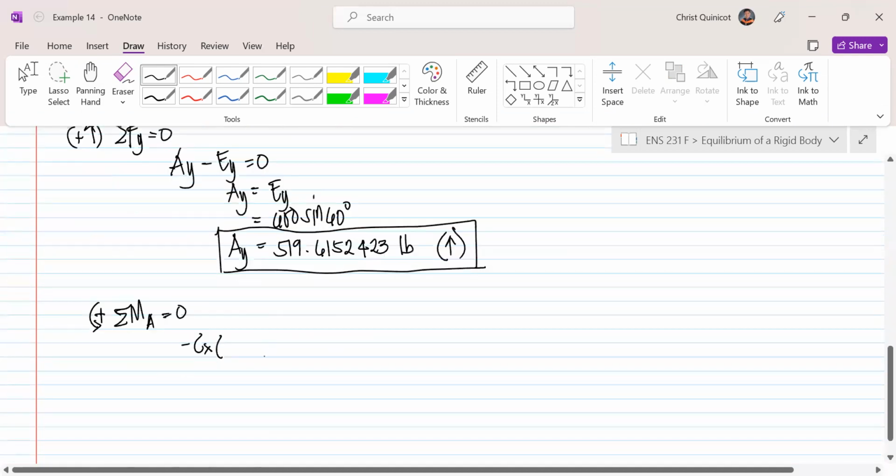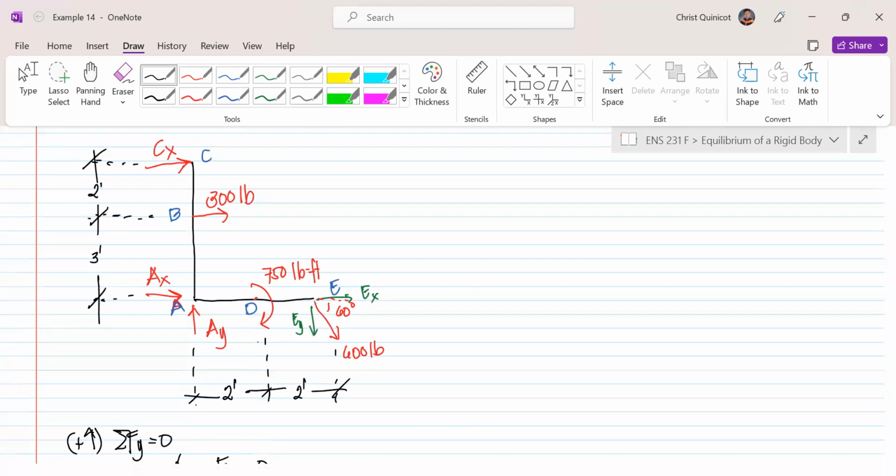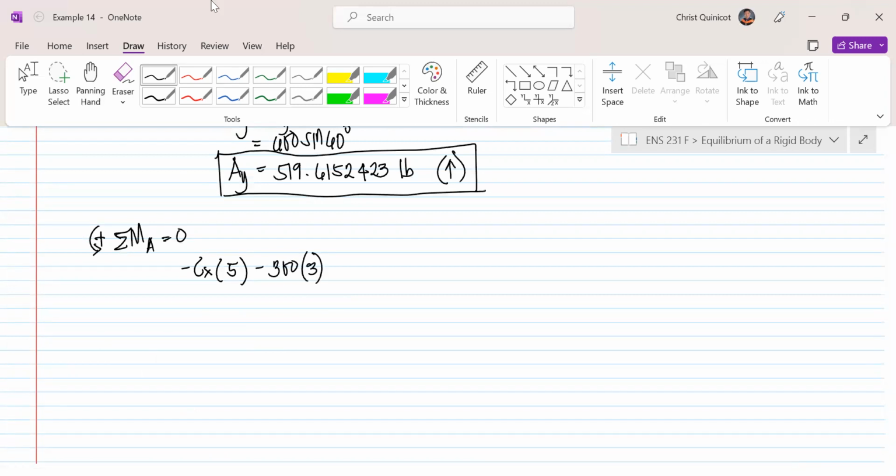So that's 5 feet. And then we have 300 as well, which creates a clockwise moment about A and has a perpendicular distance of 3 feet. So that's minus 300 times 3.